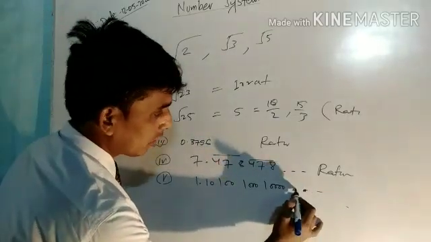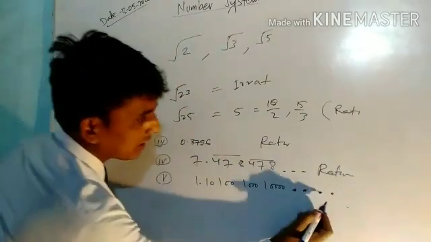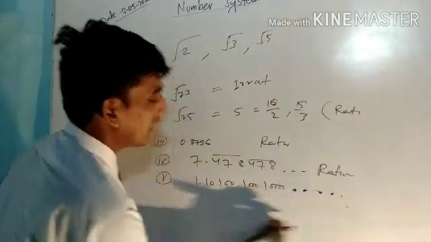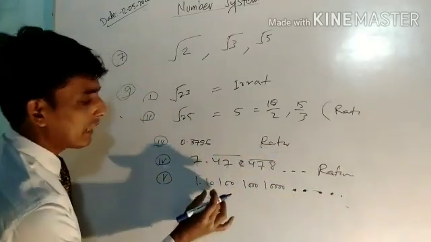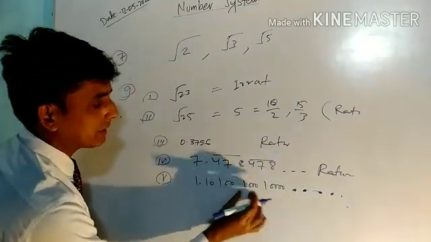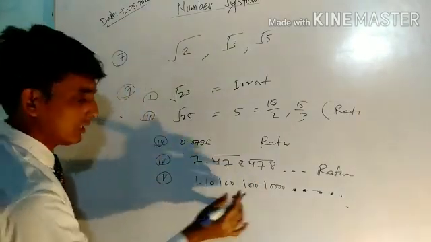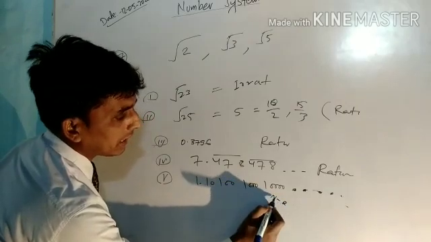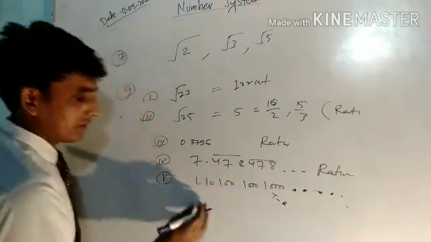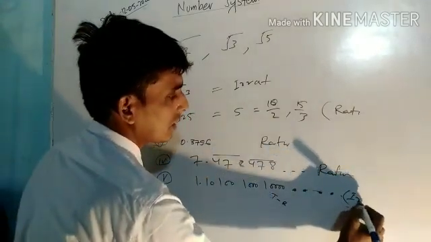These dots represent that the division is going on and the decimal expansion is not terminating. So it is a non-terminating type, and the digits are also not repeating. It is non-terminating and non-repeating. If these two criteria are fulfilled, the number is an irrational number.